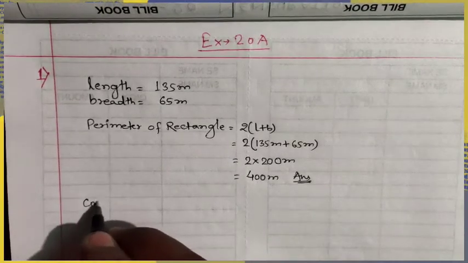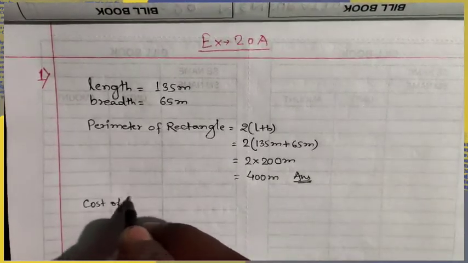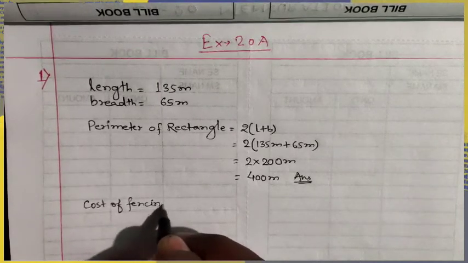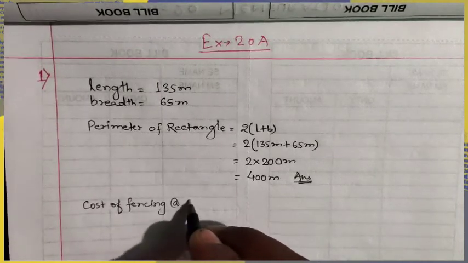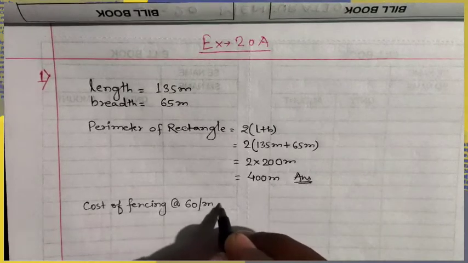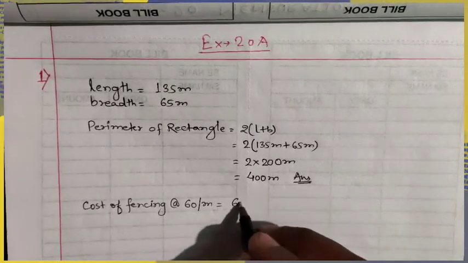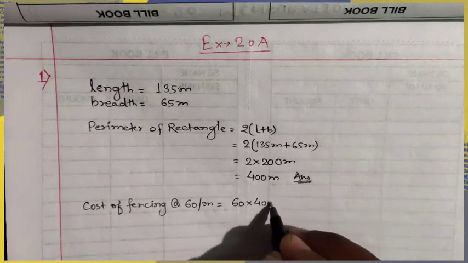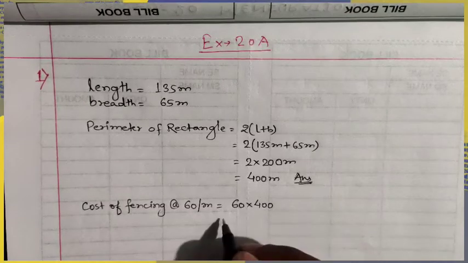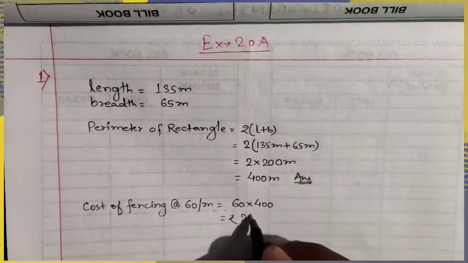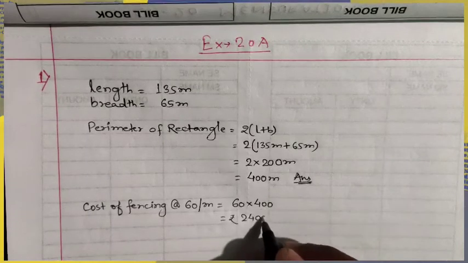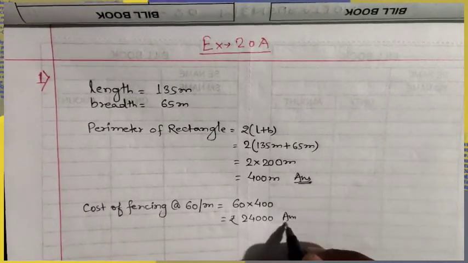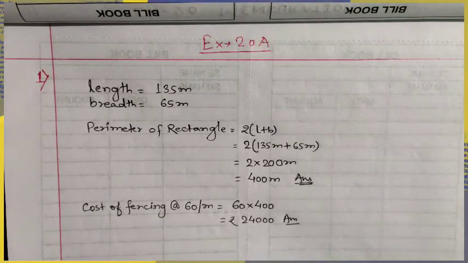So we will write the next statement, cost of fencing at the rate of 60 per meter is equal to, we will simply multiply the perimeter by 60, 6 times 4 is 24 and 3 zeros. It means the cost for fencing it is rupees 24,000. This will be our answer. Hope that the very first question is clear.